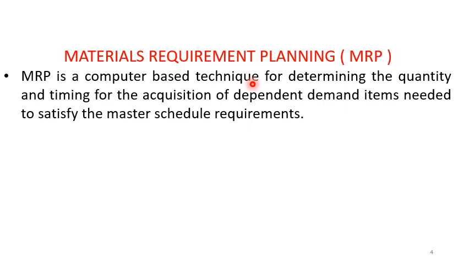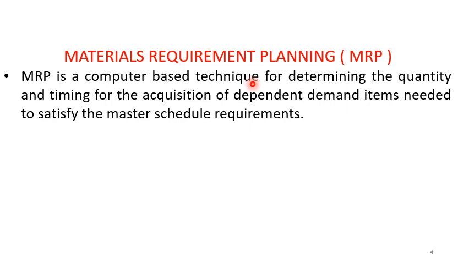There are other items which are used on regular basis, not for production but for administration work, which you call supplies. So there are hundreds and thousands of materials in an organization, and managing them manually is very difficult. So even though MRP is also exercised manually, basically it is based on a computer-based technique for determining the quantity.